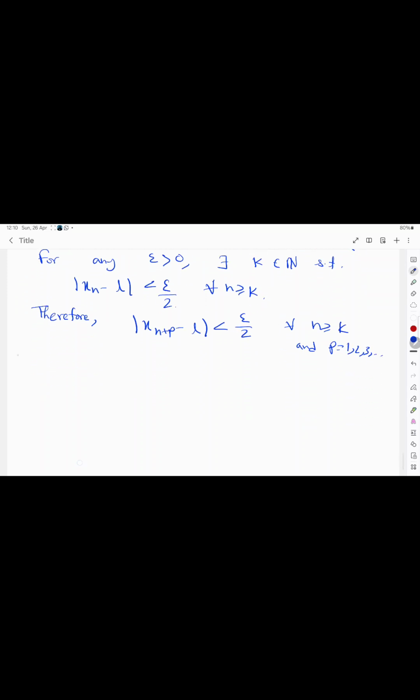Now if you start from there, |xn+p minus xn| will be less than or equal to |xn+p minus L| plus |L minus xn|. So you can write this as |xn+p minus L| plus |xn minus L|, which is less than epsilon by 2 plus epsilon by 2.